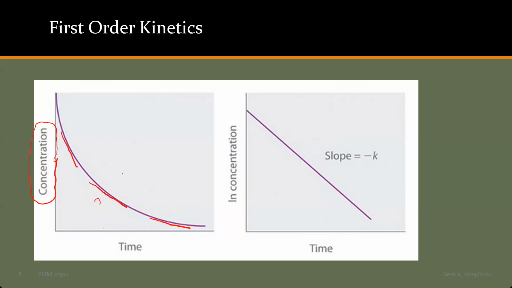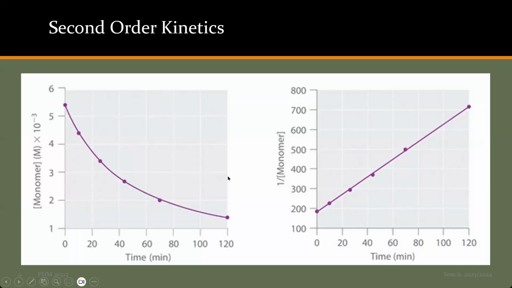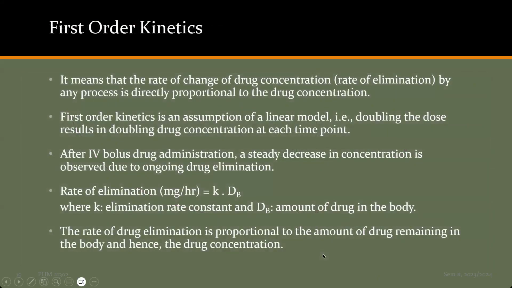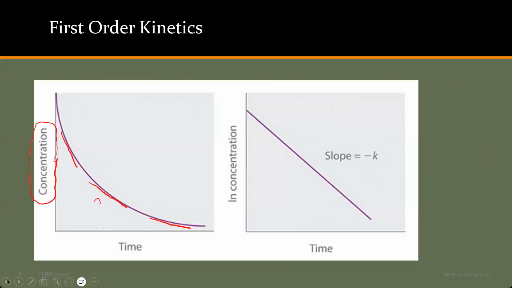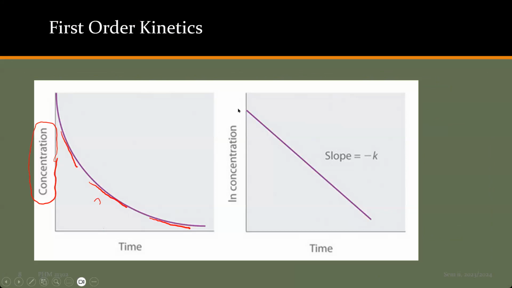It gives a linear relationship only when we plot ln the value of concentration with time. So when you plot ln concentration versus time, you can get a linear relationship.